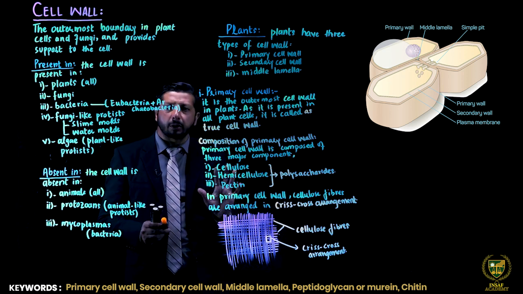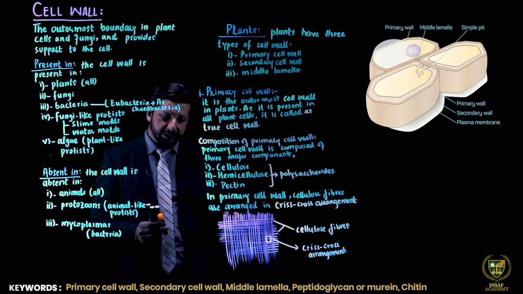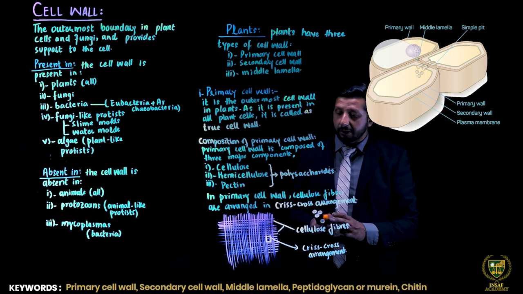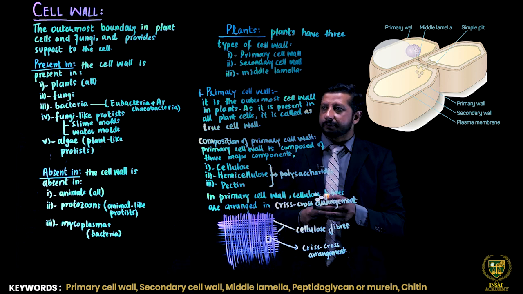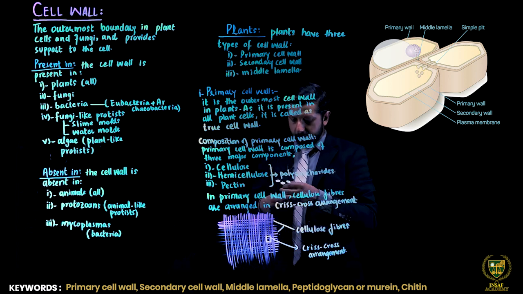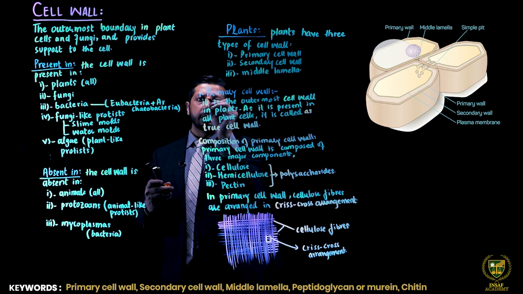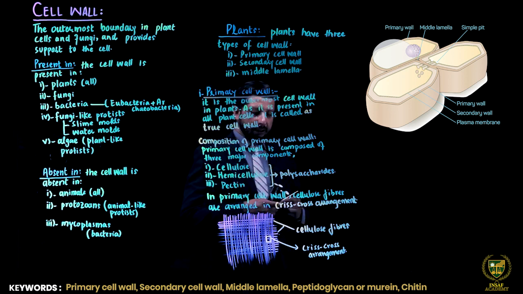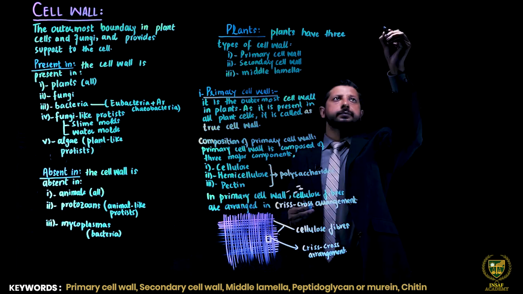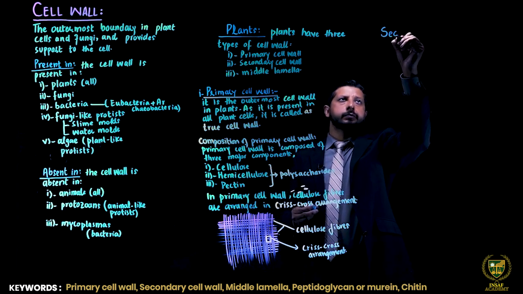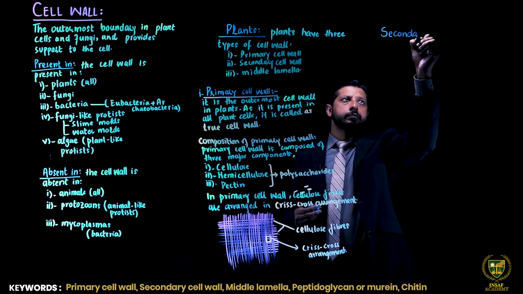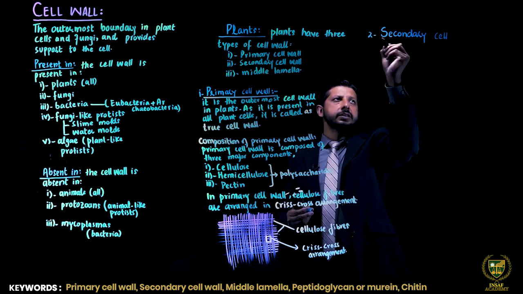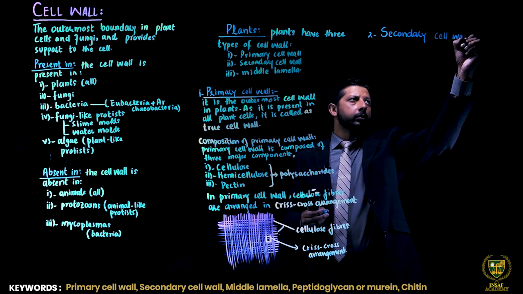So it provides a lot of strength, like a knitted form, as if someone has done embroidery. So very beautiful product of the leisure. Now, so that was about the primary cell wall in plants. Now is the secondary. Number 2 is the secondary cell wall.